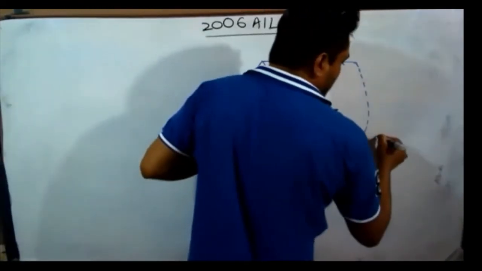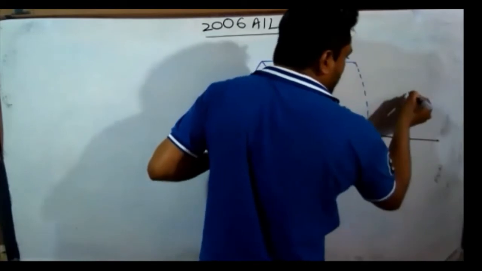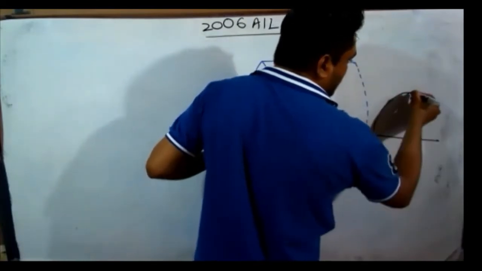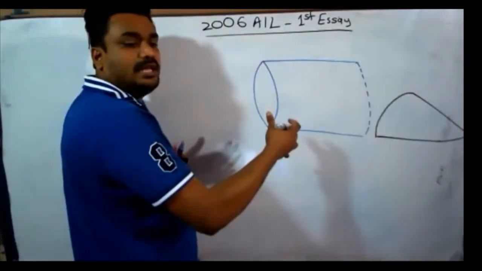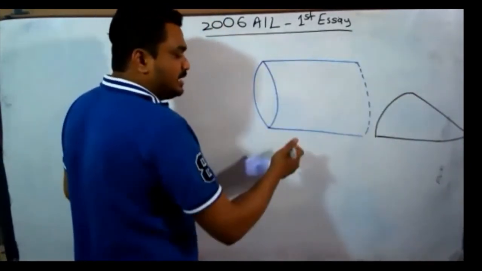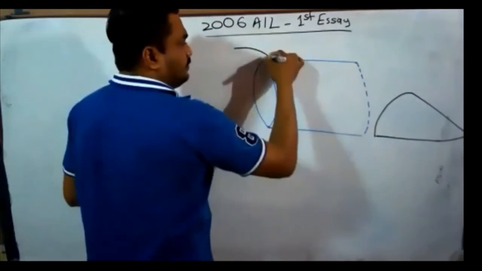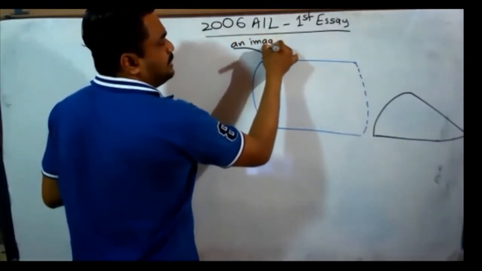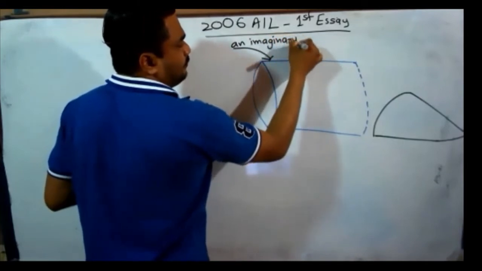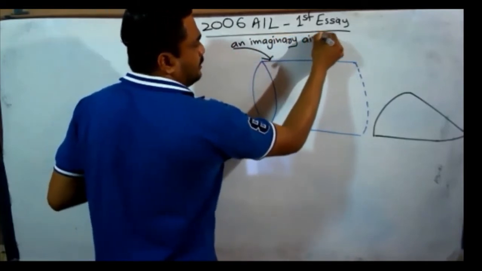The wing of the aeroplane has this kind of a shape. When the aeroplane moves into the imaginary air tube, this is an imaginary air tube.